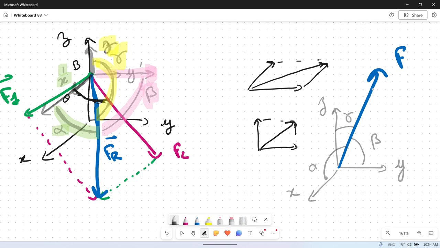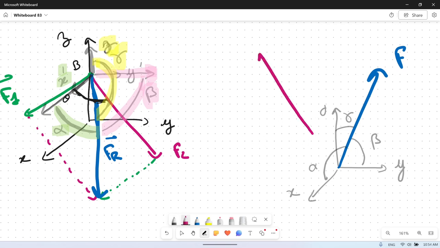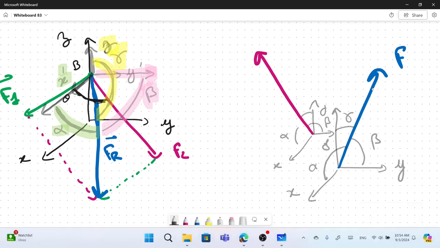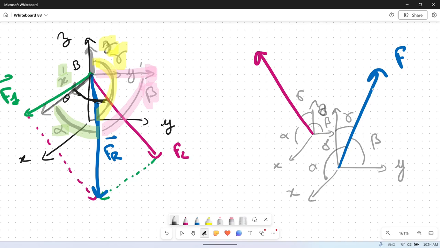If your vector is not going through the origin of X, Y, and Z, let's say my vector is there, what do you need to do first? You need to draw a little axis, a new referential, and your angles alpha, beta, and gamma will be from the new x, y, and z.